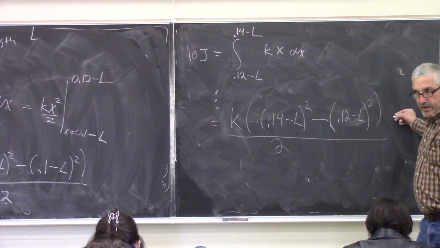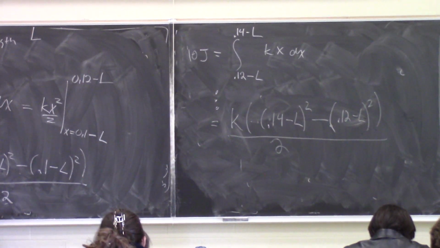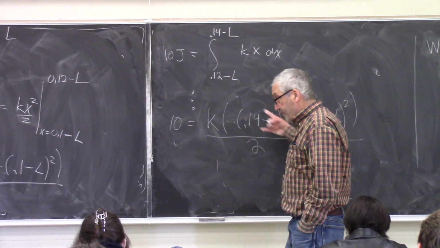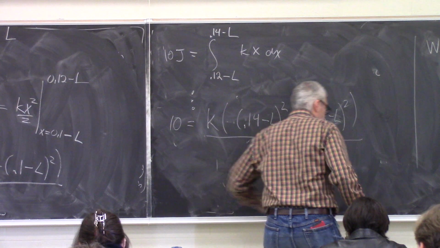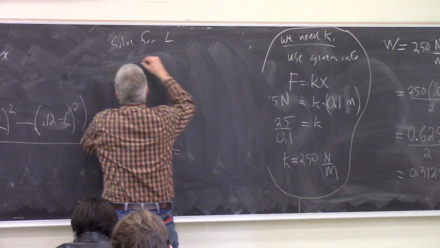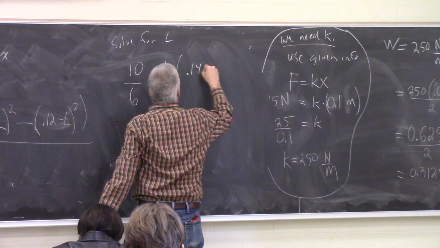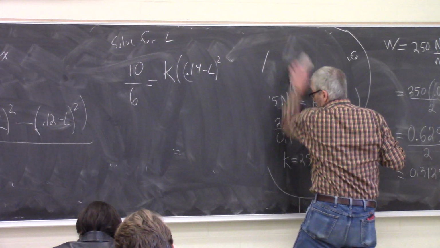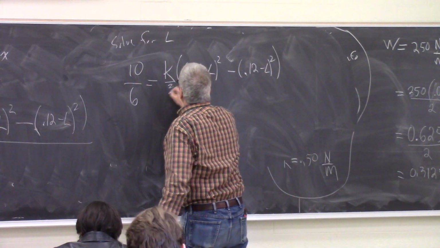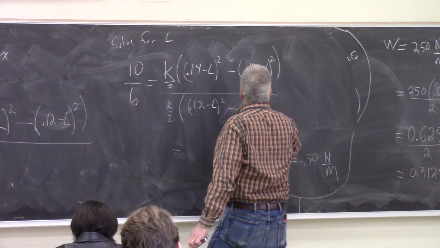I could figure out a value for K, I could figure out a value for L, but I'm only being asked for L. So notice if I take the first equation, 6 equals that stuff, and the second equation, which says 10 equals that stuff, and divide the second equation by the first, I get 10 divided by 6 equals k times 0.14 minus L squared minus the quantity 0.12 minus L squared over 2, but divided by, again, k over 2, 0.12 minus L squared minus 0.1 minus L squared.